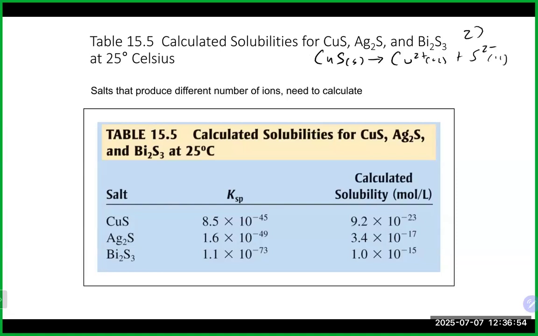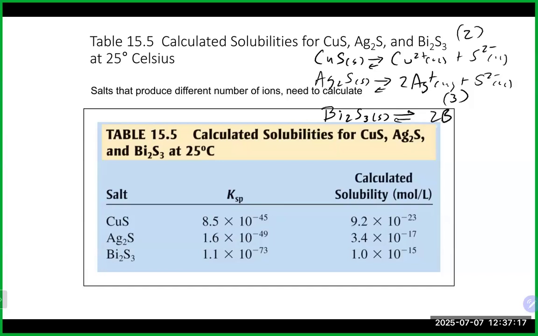That is 2 ions there. When you look at silver sulfide, that's going to break apart into 2 silver ions and a sulfide ion. That is 3 ions there. And obviously here with our bismuth, it's going to break apart into a bunch.